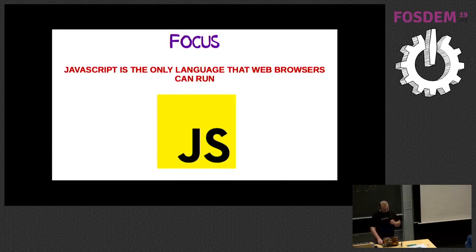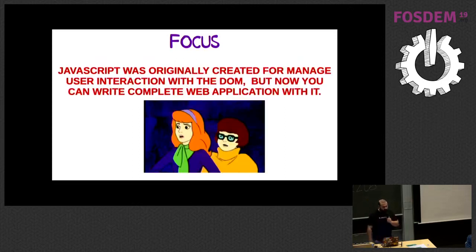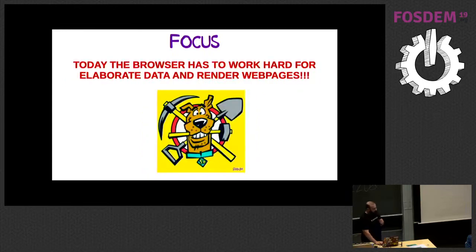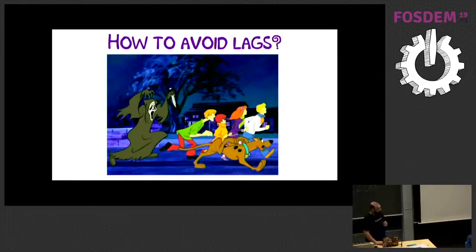On the client, it is JavaScript that has to build the page. JavaScript is the only language that can run in a browser. But JavaScript was designed to manage user interaction with the DOM. Now it has evolved, and you can write a complete web application, but it is hard work for the browser. How do we speed up our application?